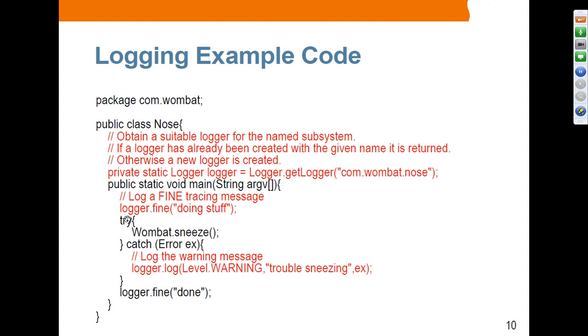Either of these options is okay to use for creating a log message. So if I want to write this log fine statement with this scheme, I can say logger.log, Level.FINE, and then comma, and then I can specify a message like doing stuff.